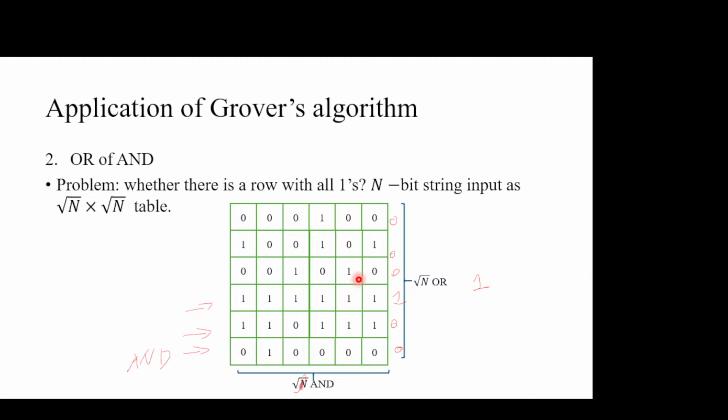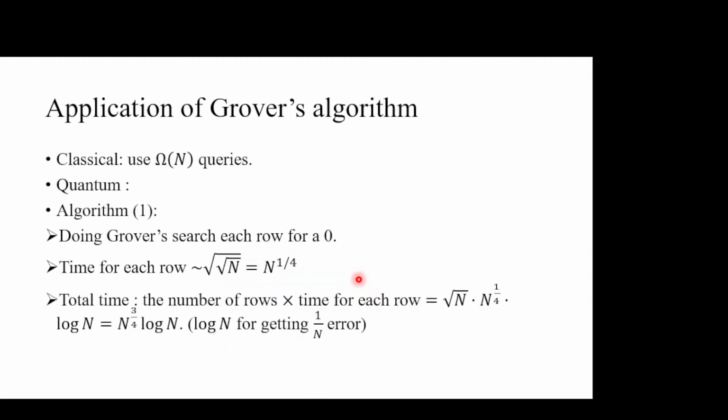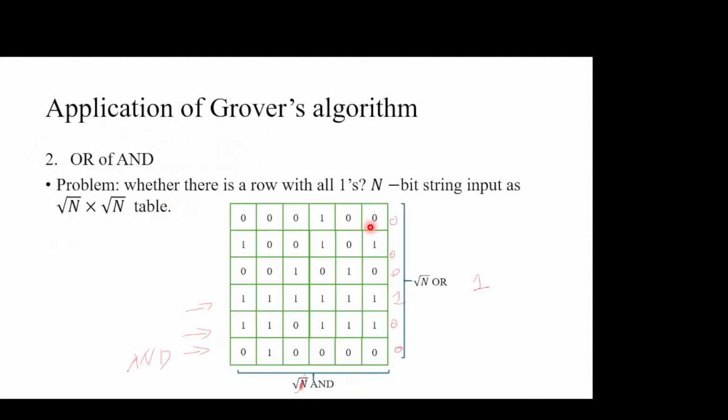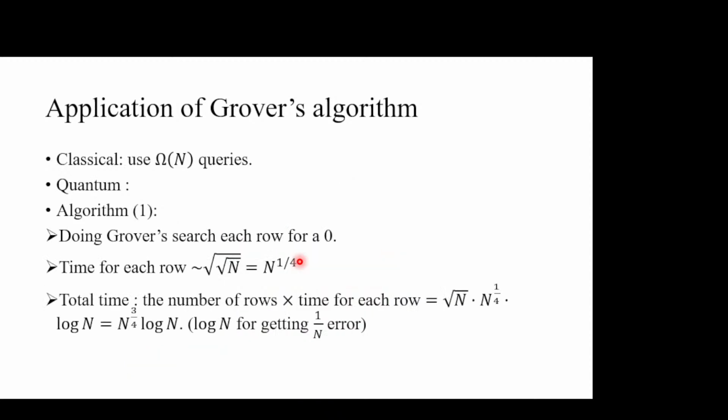To calculate this OR of ANDs, it's pretty easy to see that classically you need omega N queries. Basically you need to look through everything, just like in the usual OR function. Quantumly, you think about how you can use Grover search to speed this up.